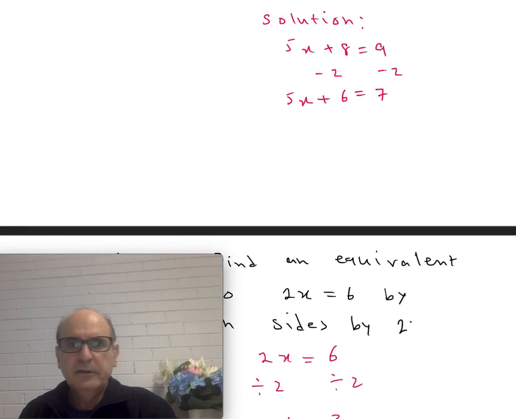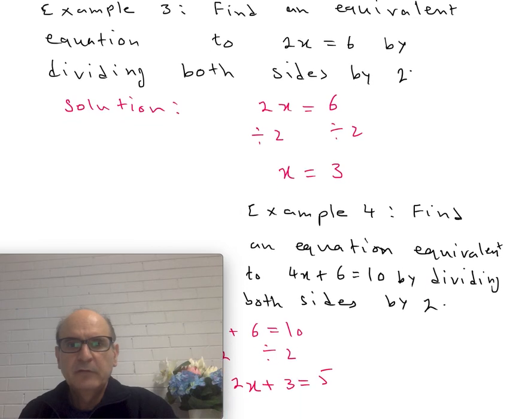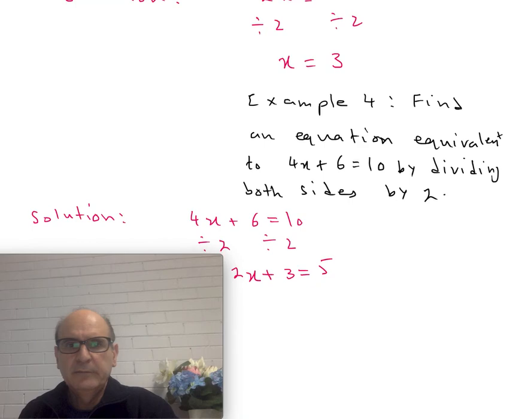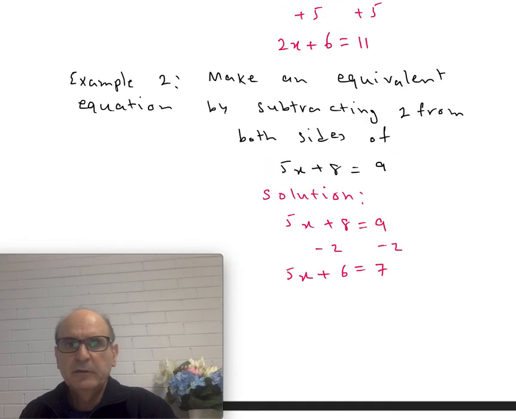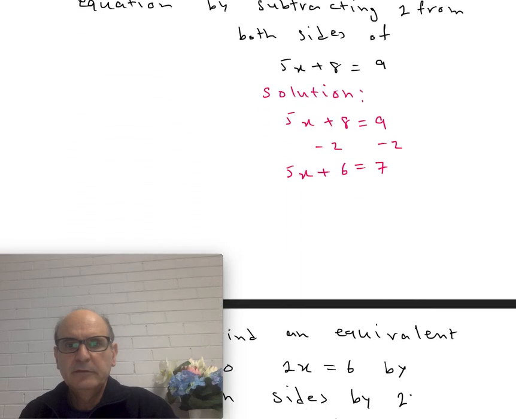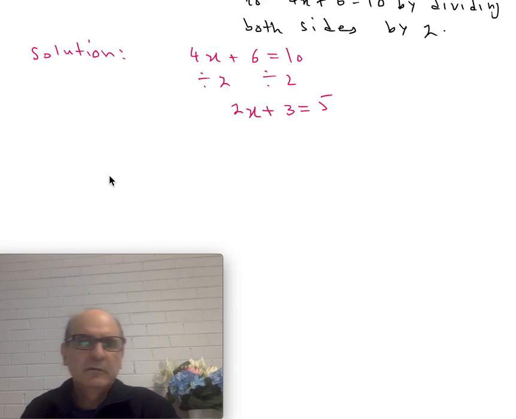Basically these are some of the operations. We can also times both sides by the same number. We did adding, we did subtracting, we did dividing. Now I do an example for multiplying. Example 5.